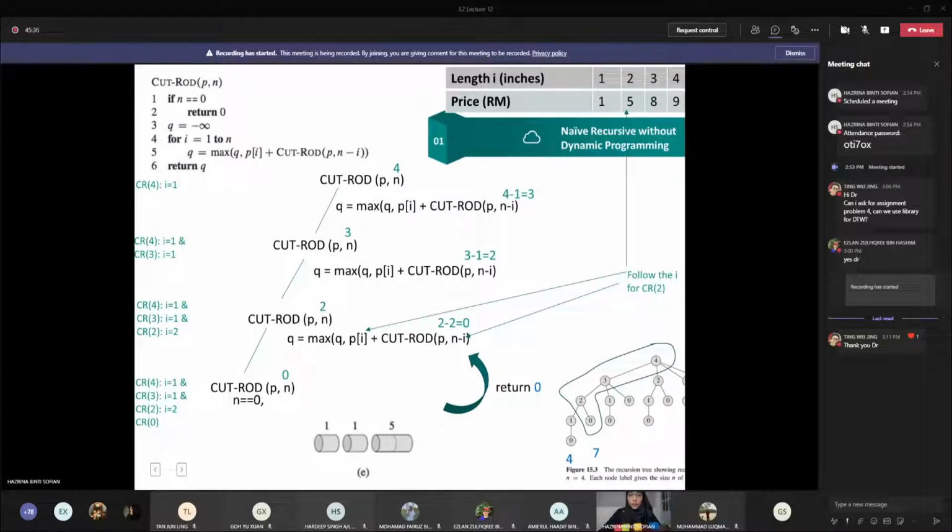Any N equivalent to 0 will return 0. And then how much will this return? This will return 5 ringgit. How much will this and this return? It will return 6 ringgit. And how much will all this return? It will return 7 ringgit.